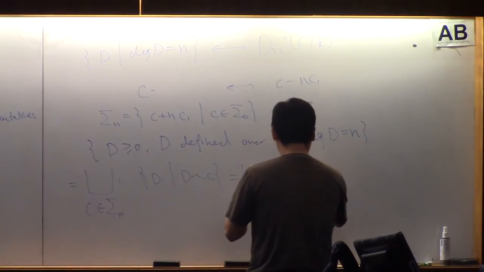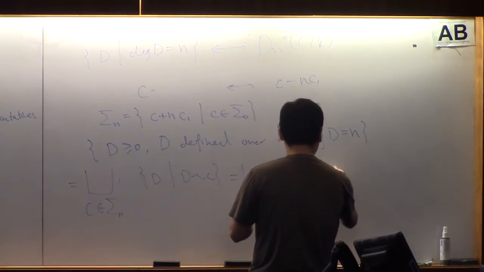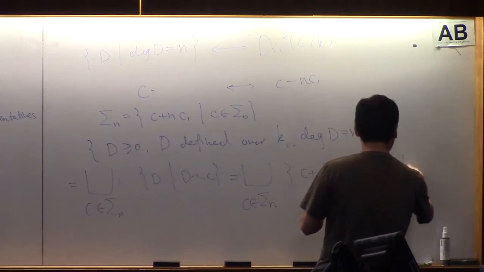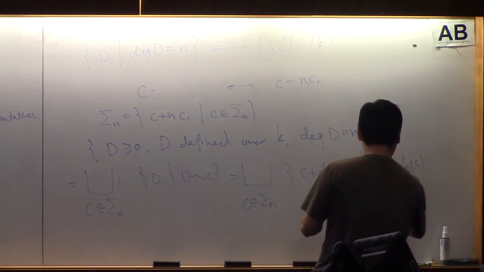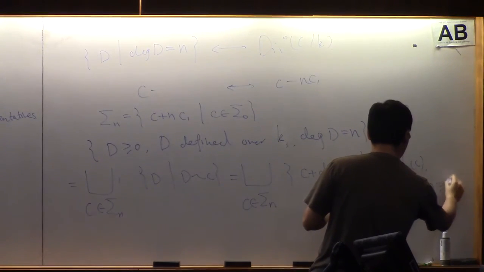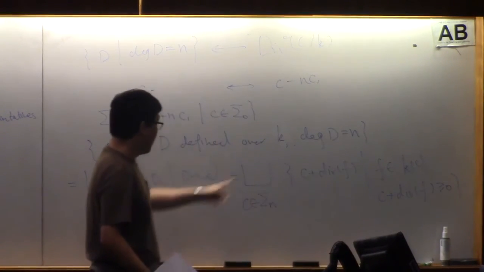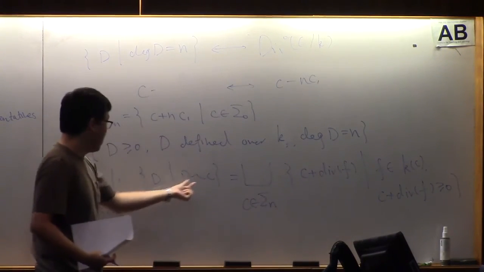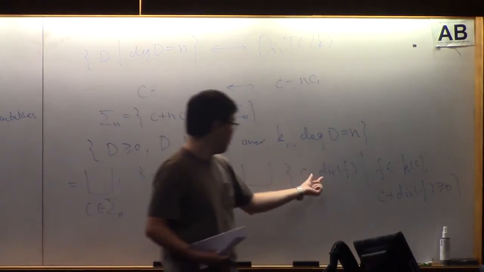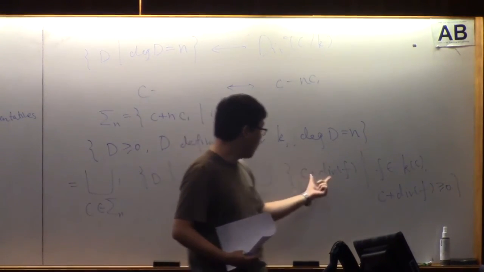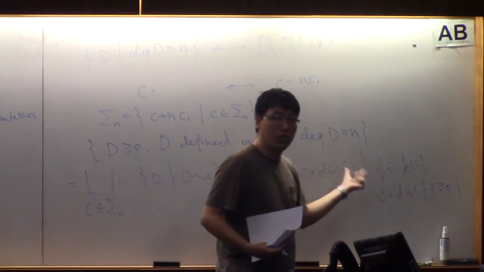So any such divisor should be of this form. First, it should be linearly equivalent to the given divisor C, so it should be of the form C plus a principal divisor, and moreover, it should be effective. Okay?